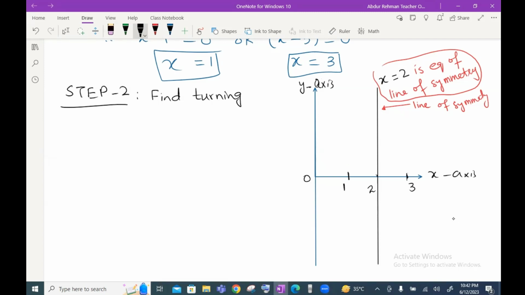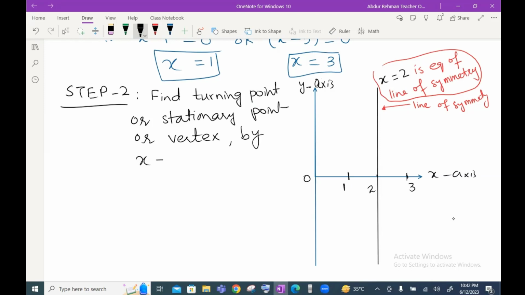Turning point, or we can say stationary point, or we can say vertex, by putting x equals 2 in equation number 1. So by putting the equation of line of symmetry, x equals 2, in equation number 1.